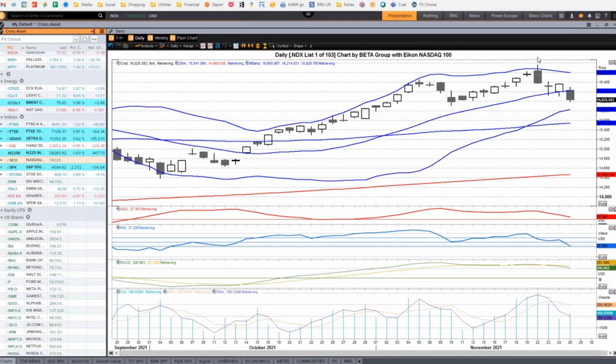Here, we're higher, and we are so far holding this important low here at 15,905. If we break that and it gains some momentum, then we can easily come down. Oh, what am I talking about?